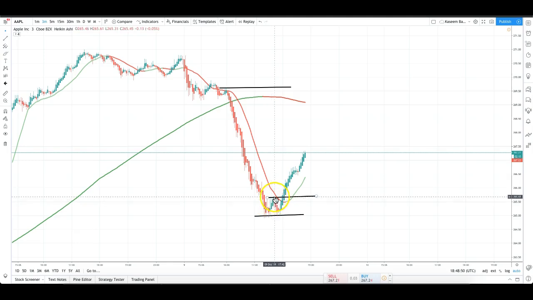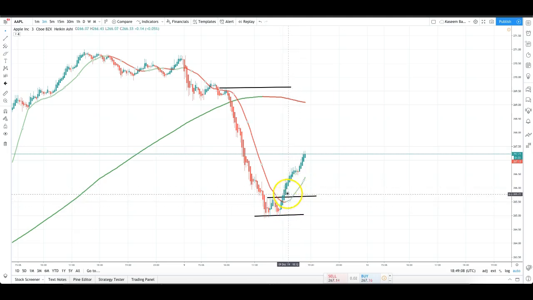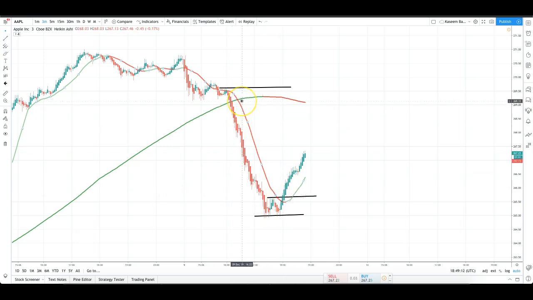It tried to go up, it couldn't really break, and then it came back down. And then once I started seeing this strong bullish candle right here, I decided to get out right here. And at the same time, the 20 moving average changed color, and as you can see, it was a great trade.